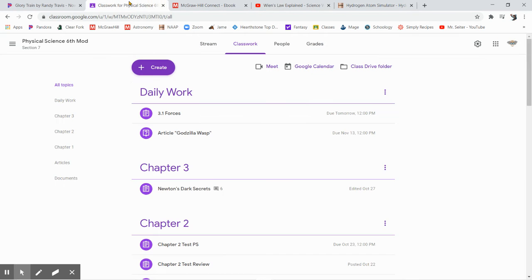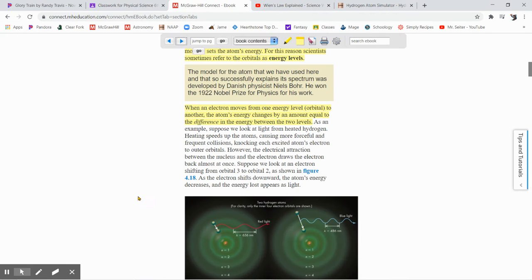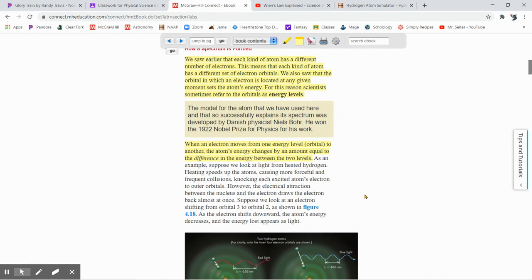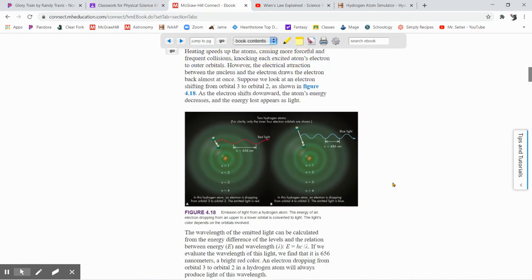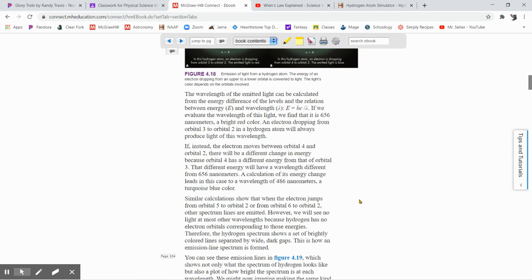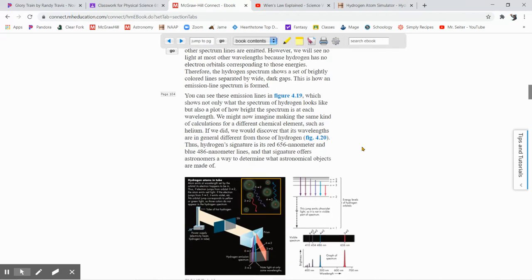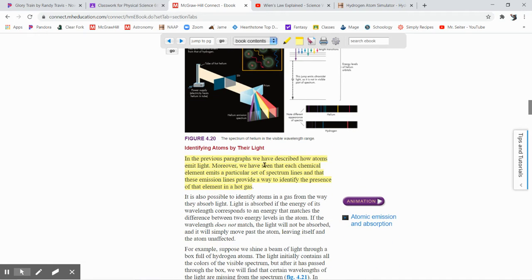We know what's going on with that. Now, after we talk about this energy difference, this next little bit shows us how to calculate that energy. I'm not too concerned with that at this point, but we do need to know, it's leading up to this.